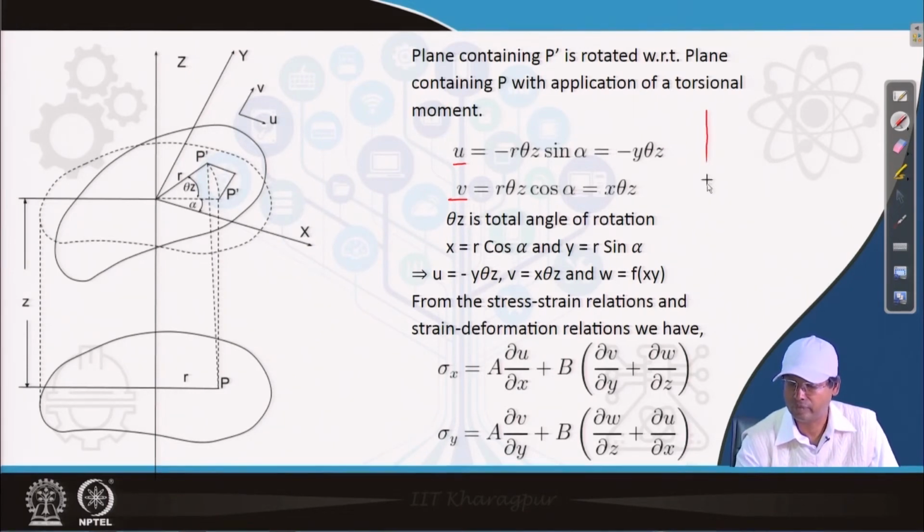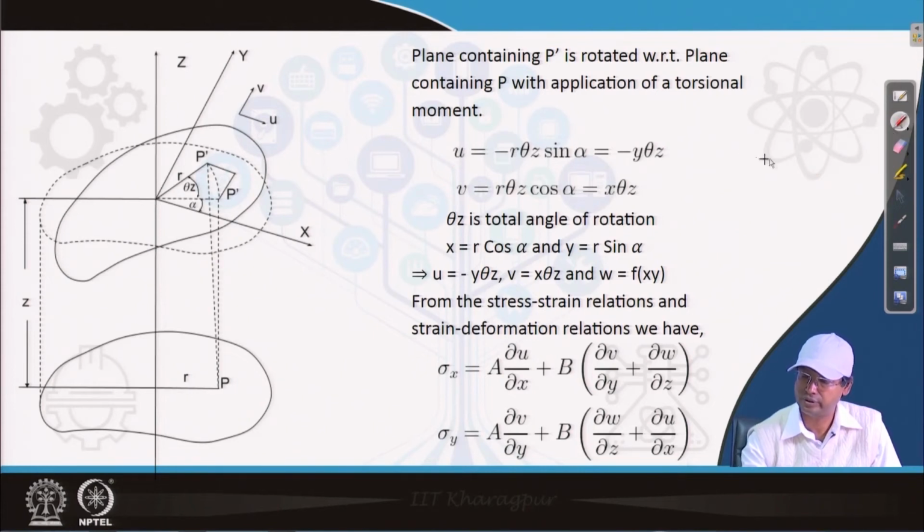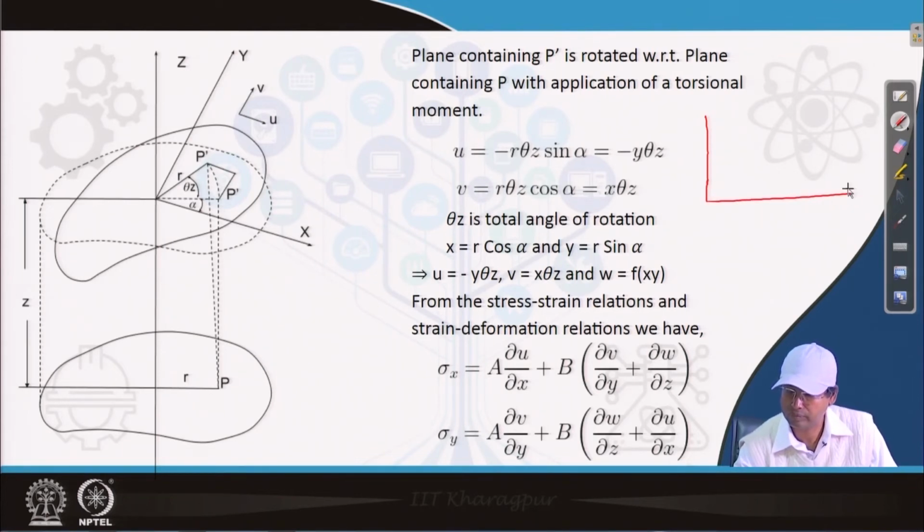This is the x y plane, and say this is the point represented as x 1 y 1, and this is the angle alpha, and after rotation it goes somewhere here, which is x 2 y 2.